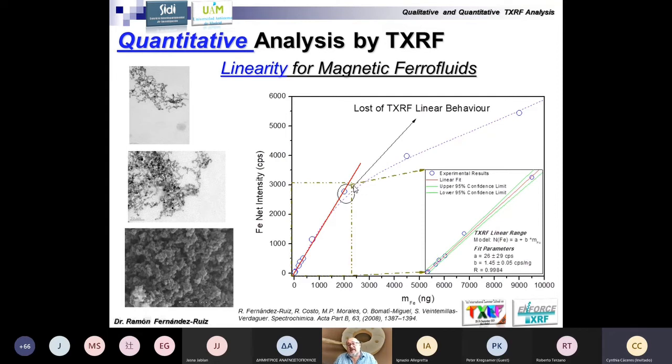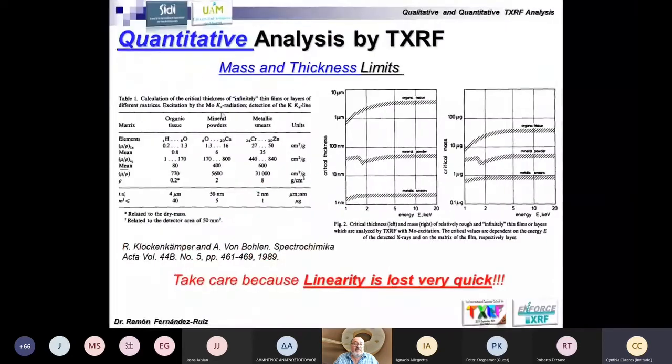But for higher mass, you can see how the slope varies very significantly, and the linearity is clearly lost. Okay, and we are speaking about magnetic iron oxide. Yeah, okay, this is similar to the previous mineral powder, lower than 5 micrograms. Okay, we are in the outer region. Okay.